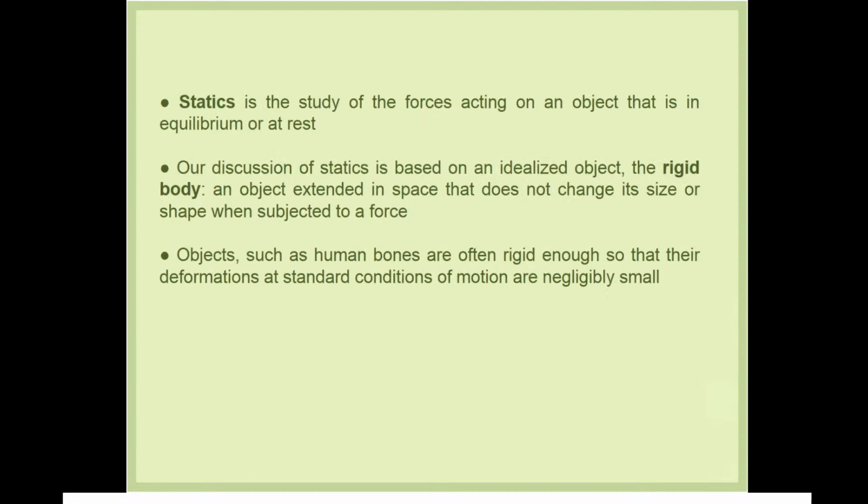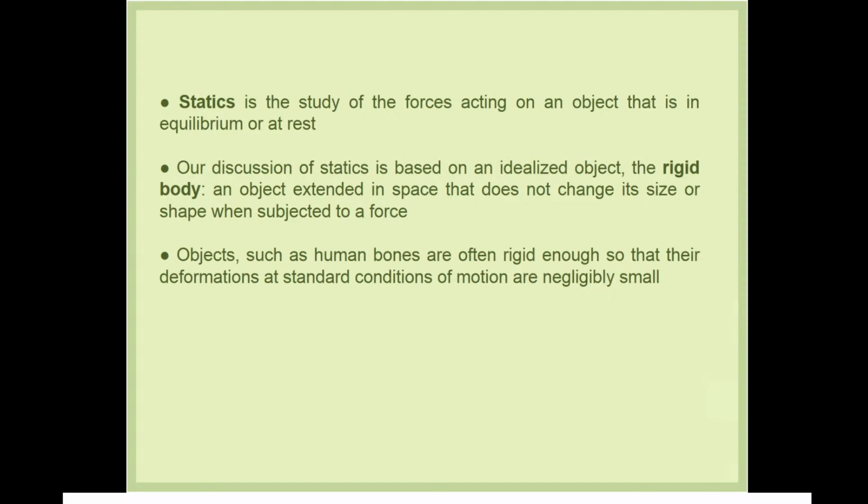So, and what about statics? It is the study of the forces acting on an object that is in equilibrium or at rest. Our discussion of statics is based on an idealized object, the rigid body, an object extended in space that doesn't change its size or shape when subjected to a force.